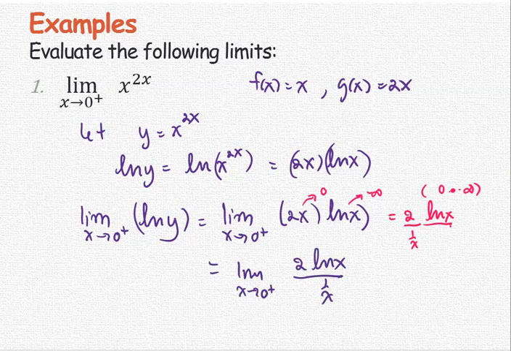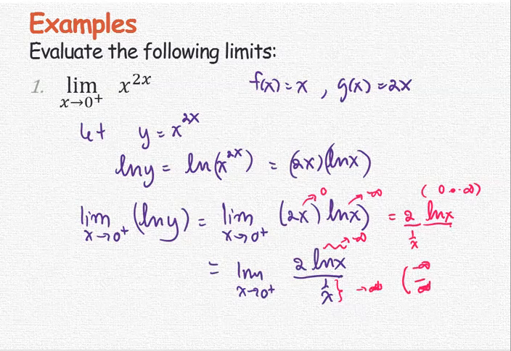Check the indeterminate form. As x approaches 0, the natural log approaches negative infinity. The 1 over x approaches positive infinity. So then we get the quotient indeterminate form as infinity over infinity.